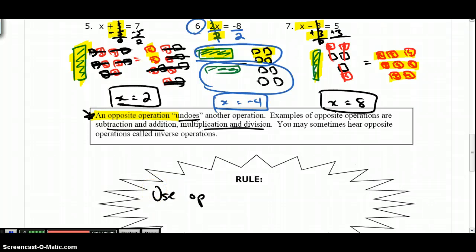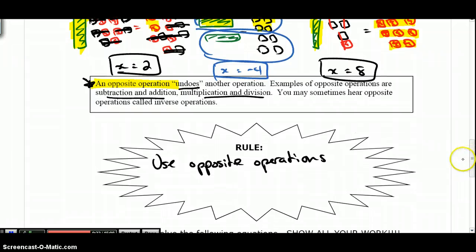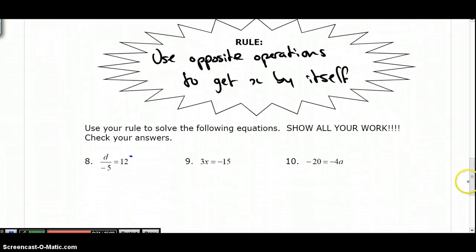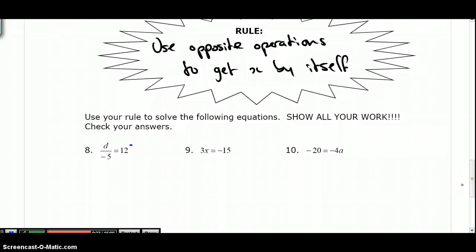Use opposite operations to get x by itself. That's what we're going to do every time. Make sure you've written that down, and then we'll look at a few.